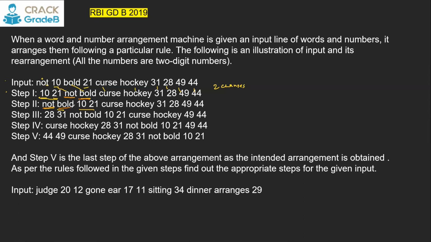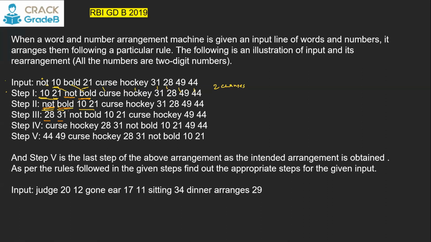In the second step, the numbers come in front of these, 28 and 31. That means in the first step, the two smallest numbers, 10 and 21, appear. Now in front of those, the smallest words. Now NOT has 3 letters, bold has 4 letters. So the 3 letter and 4 letter words are the smaller words.